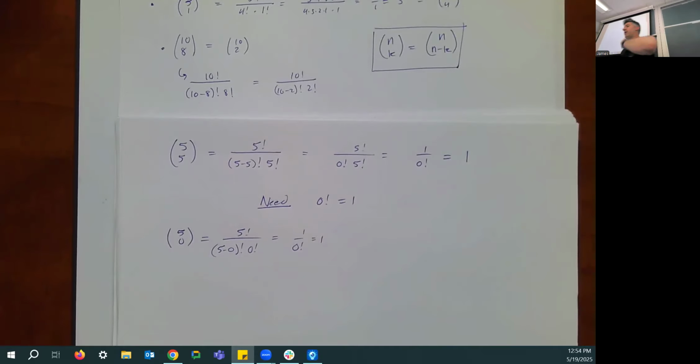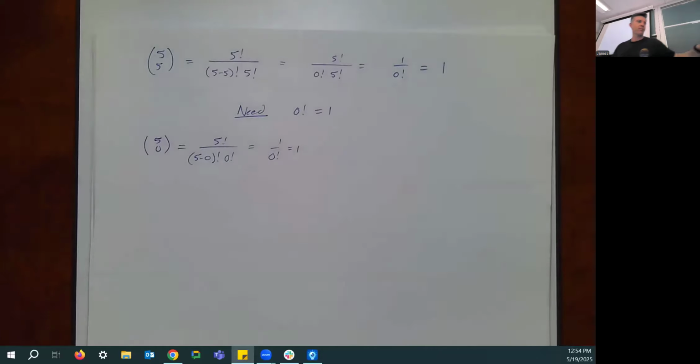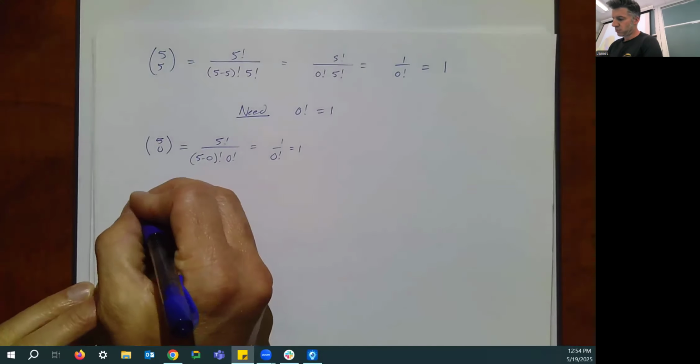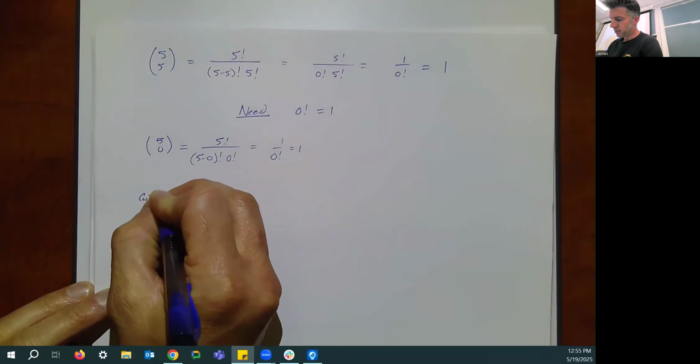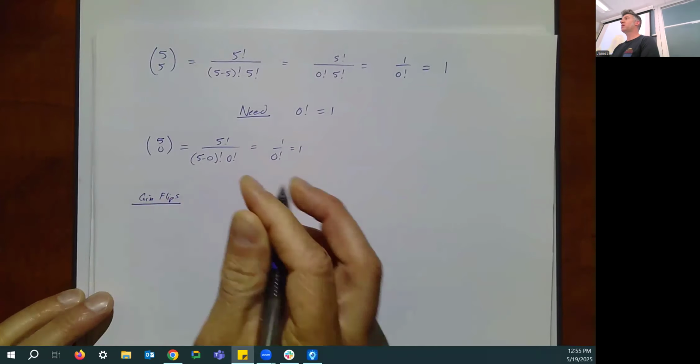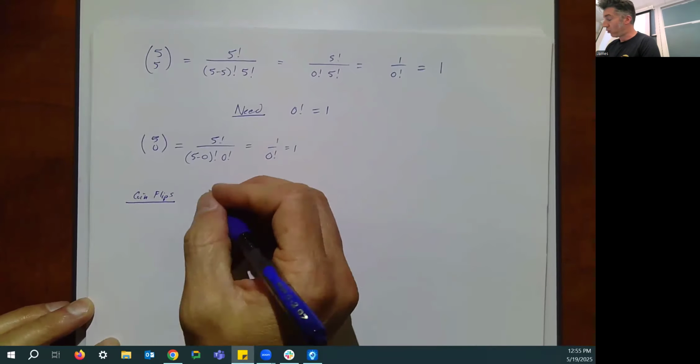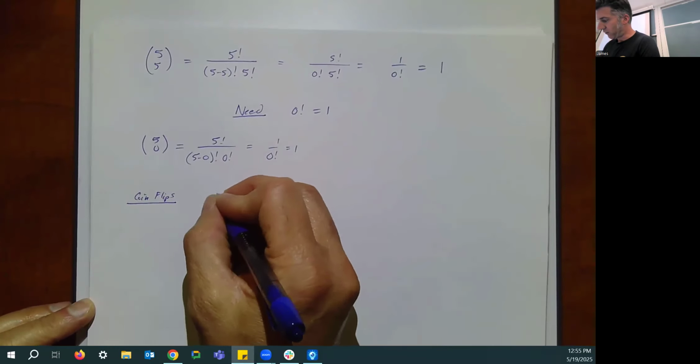Yeah. A better example of this is coin flips. So let's say that we flip four coins.